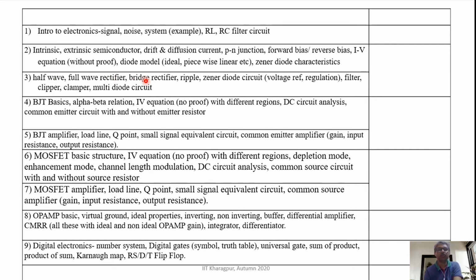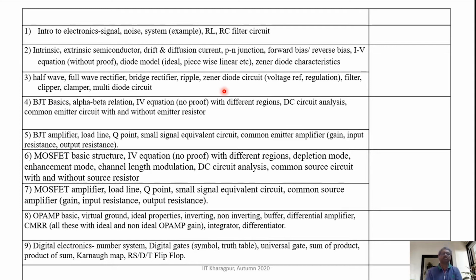Then I will talk about applications of diode, mainly half wave, full wave and bridge rectifier application. Then there will be application on voltage regulation, filter, clipper, clamper, and at the end multi-diode circuit.